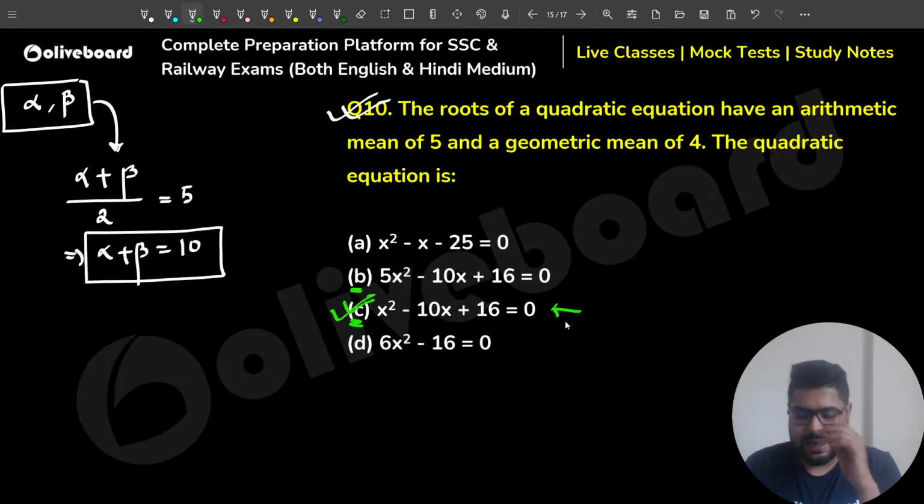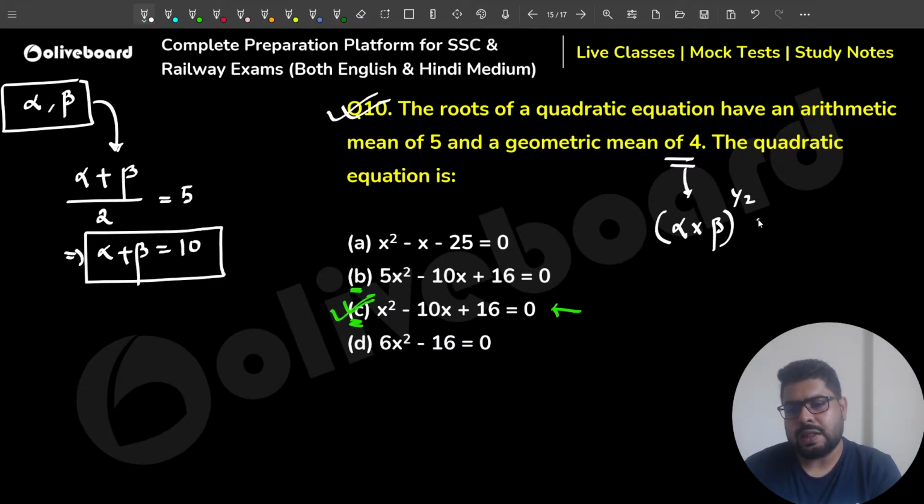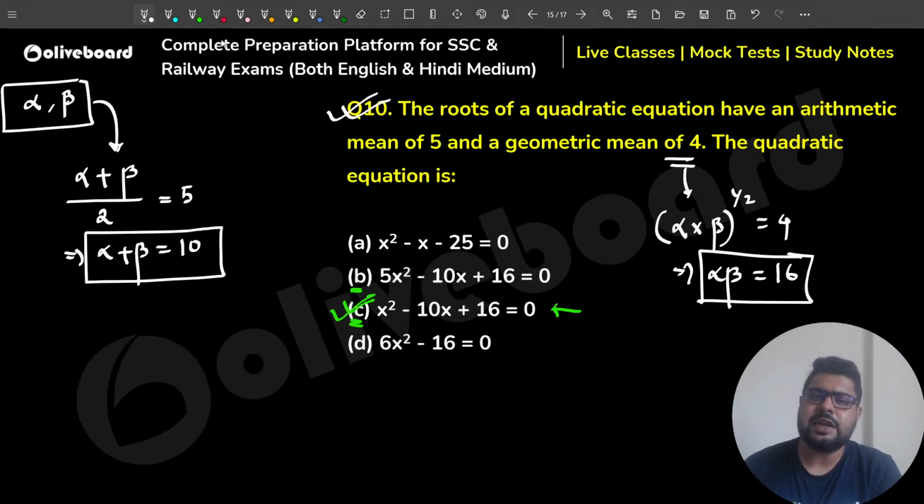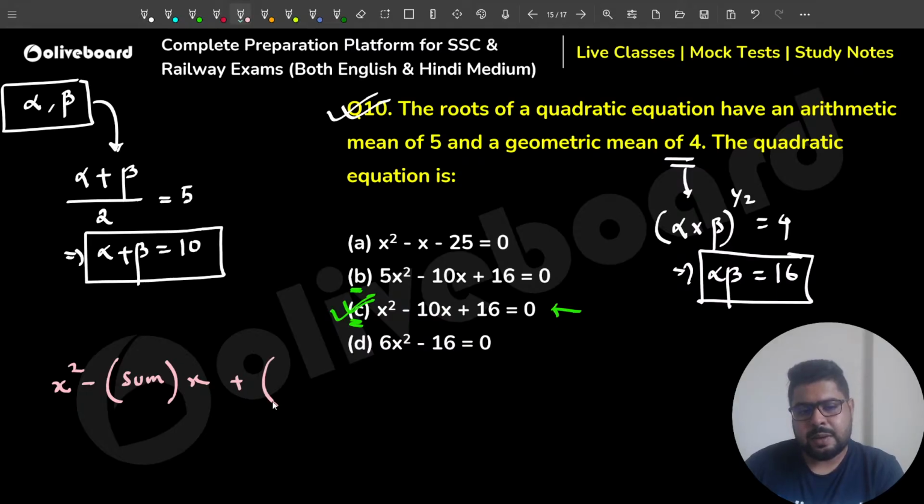But still, I should give you the whole solution. Geometric mean is 4. Geometric mean is what? Alpha into beta to the power 1 by 2. That is 4. So alpha beta becomes 4 squared, 16. The equation is generally written like this if you don't know: x square minus sum of the roots into x plus product of the roots, that is equal to 0.